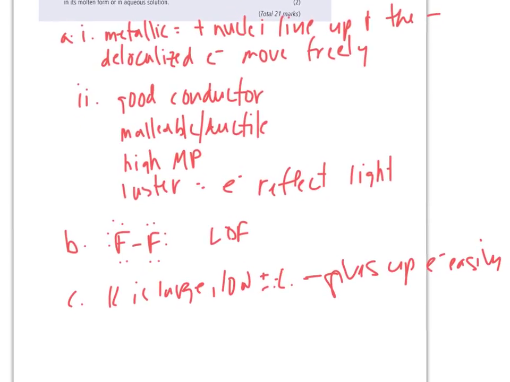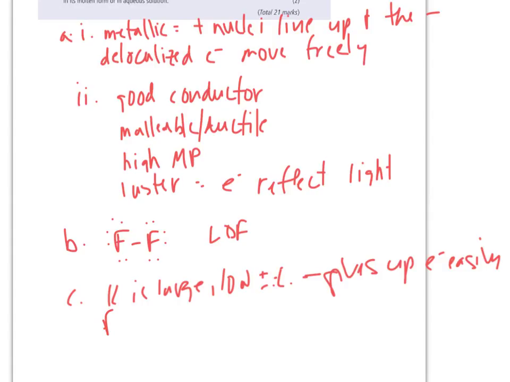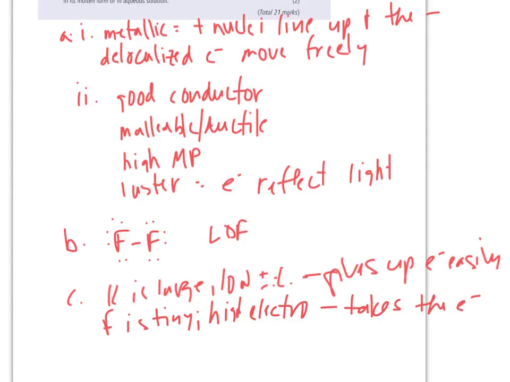Fluorine, on the other hand, is tiny with a high electronegativity, and it is happy to take that electron. Got the strength to do that. So we form an ionic bond where one electron is transferred from potassium to fluorine.